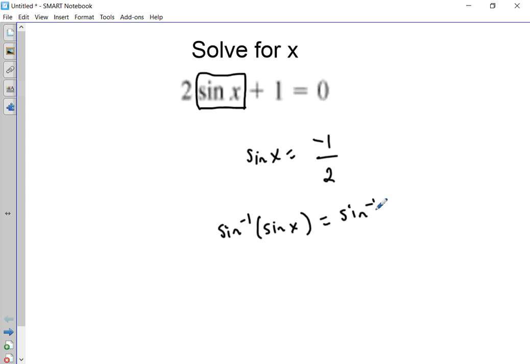The inverse sine, or arc sine, they're one and the same. The inverse composed with its original function cancels out and turns into x. And now we're taking the inverse sine of -1/2.